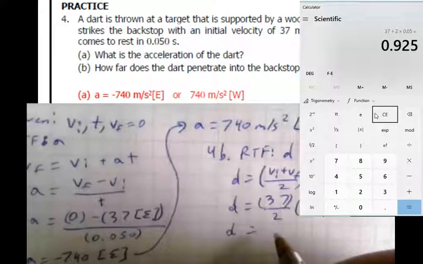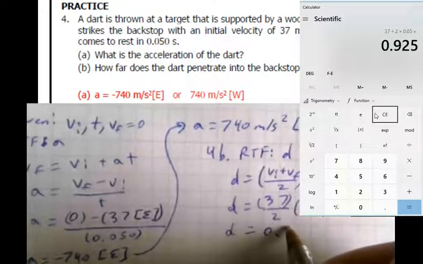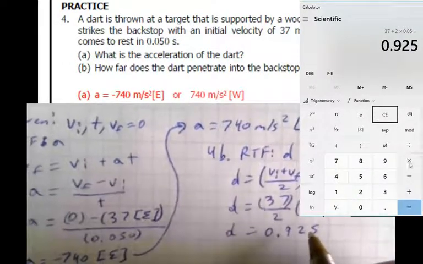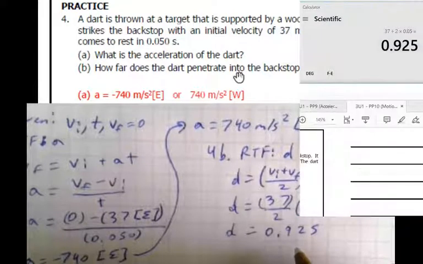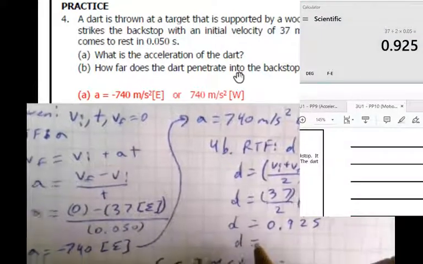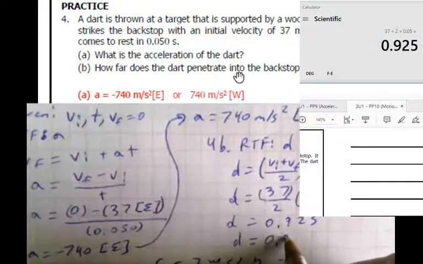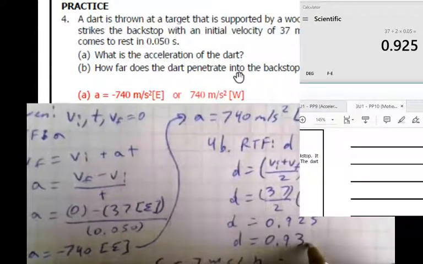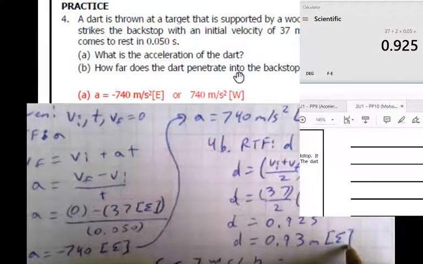And we have a displacement of 0.925. Or let's round it to 0.93 meters east, or 93 centimeters.